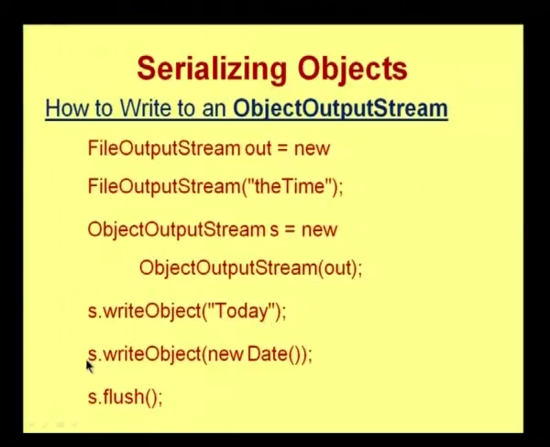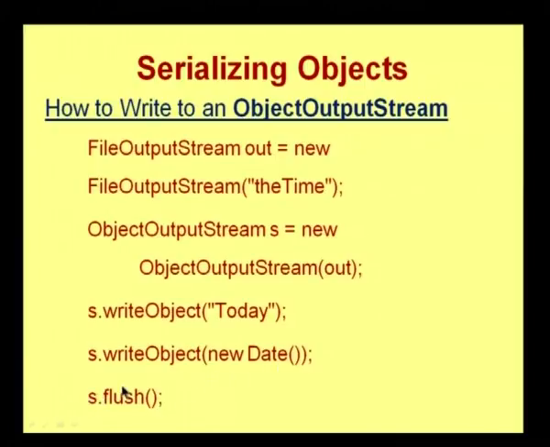Next we have s.writeObject(new Date()). New is a keyword which is used in order to create an object. So I am creating an object of Date and then writing that into my stream, and the stream will be written into the file. Then I am flushing the contents from the stream.